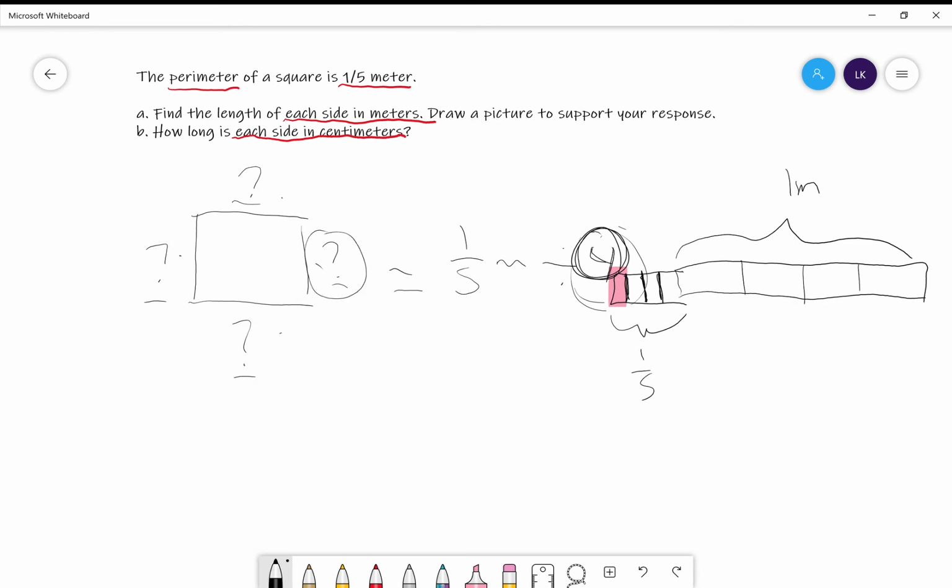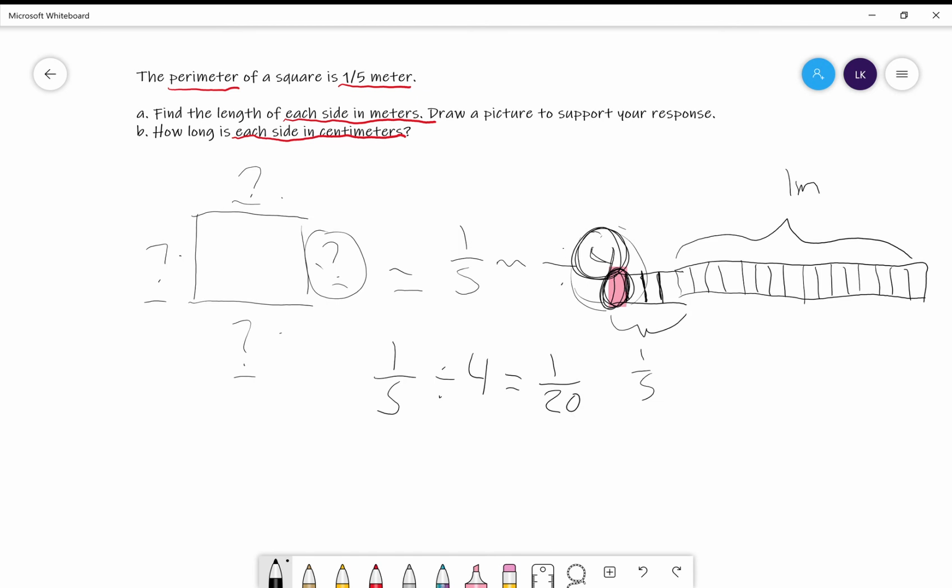So if we split all these into 4 parts, we would find that the shaded area here is equal to 1/20 of a meter. So 1/5 divided by 4 is equal to 1/20.